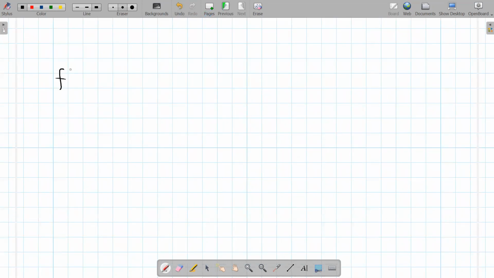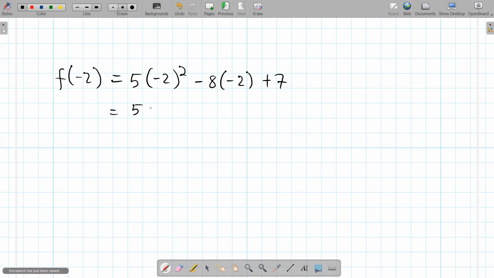So we have f of negative 2 giving me basically 5 into negative 2 all squared. Just rewrite it again: minus 8 into negative 2 plus 7. Now negative 2 squared means negative 2 times negative 2, and that should give you 4 positive. Remember that there's a subtraction here, and this value is also negative, so 2 negatives will always be a plus.